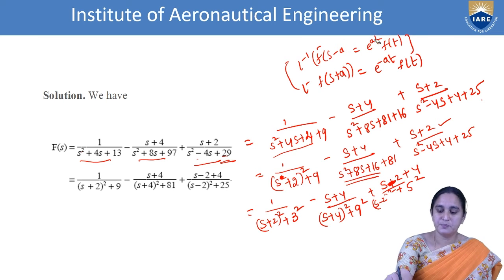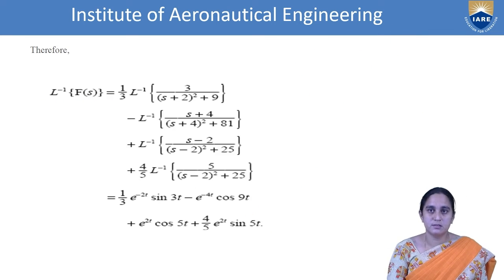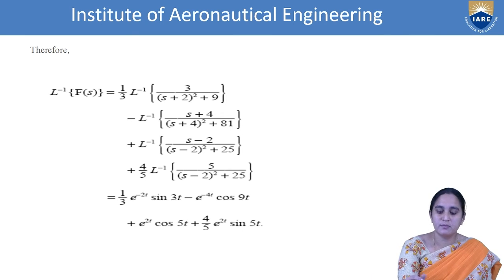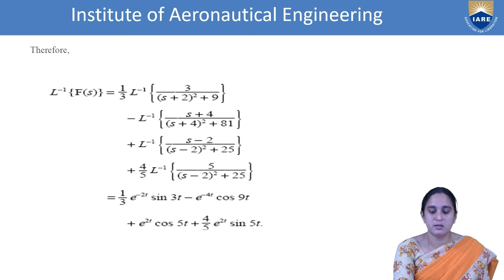Next step, that is 1 by 3. In the previous step, in the first part of the answer, there is no 3. Why am I multiplying and dividing with 3? Because the first part is in the a by s square plus a square form. That's why I am taking 3 by 3.